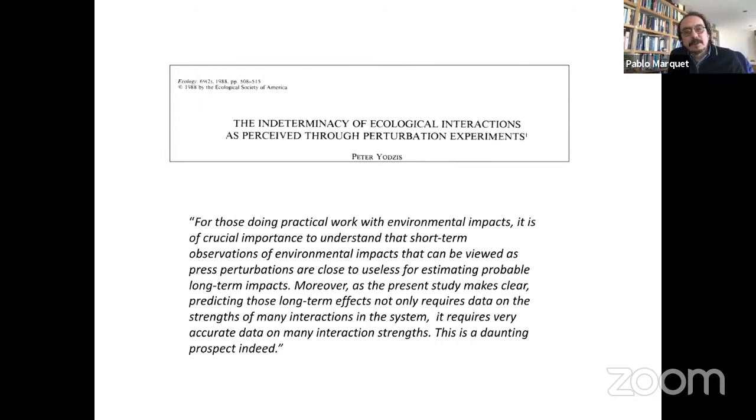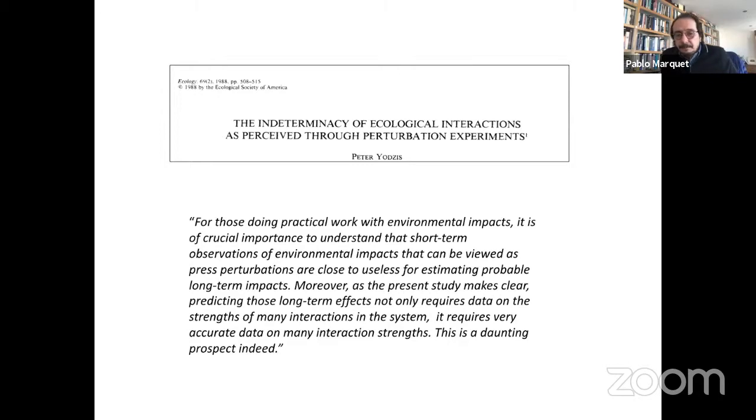His point was that if you do a perturbation experiment in a network, he was talking about particular experiments called press experiments. So you suppose that you keep a pressure on a system, like you start putting pesticides on a system, or contaminating it, or you put pollutants in a system, or climate change is a press experiment too.